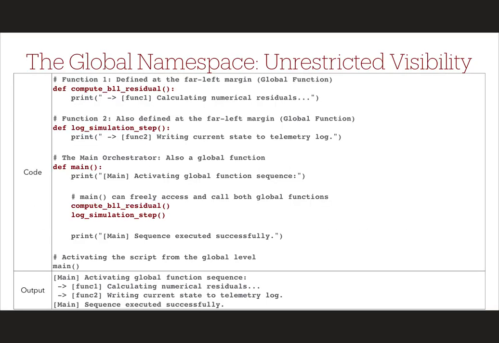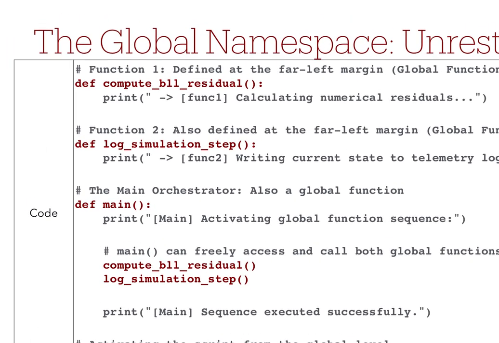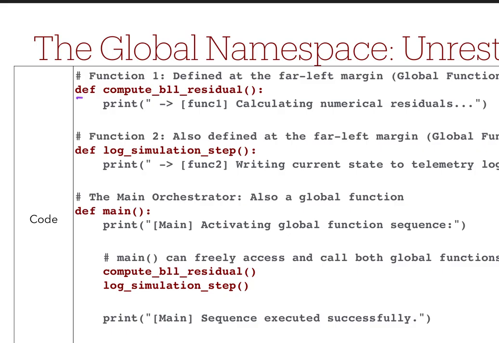So, for example, here I have the definition of several functions. The first function is named compute BRL residual. The second function is log simulation step. The third function is main. They are all defined without any indentation. That means I can call these functions at any place in the code. I can call those names.